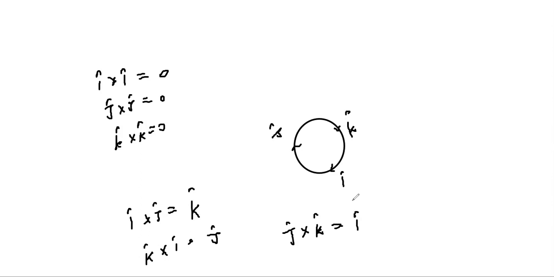Now, if you go in reverse direction, what you will get? If you do I cross K, you will get J, but you will get minus J. If direction is opposite, you will get a negative direction. That is negative y-axis.